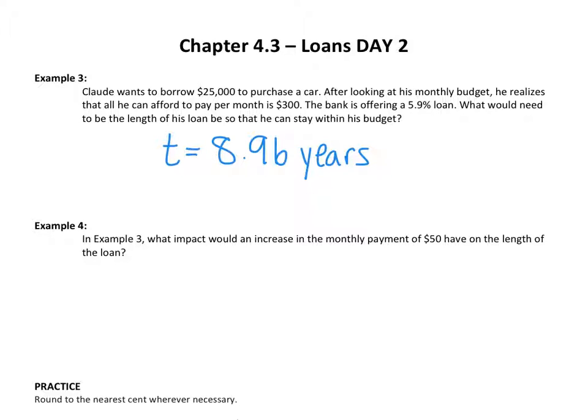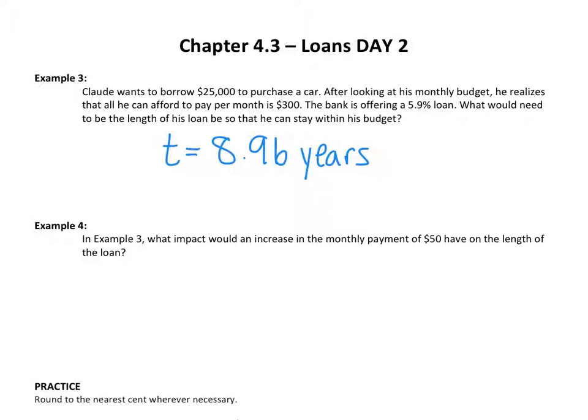And so example 4 then looks at example 3 and asks, what impact would an increase in monthly payment of $50 have on the length of the loan? A lot of times people will look at the minimum payment and just make the minimum payment every month, and that's fine. In this case, if you make a minimum of $300 a month, you're going to pay the loan for 8.96 years.